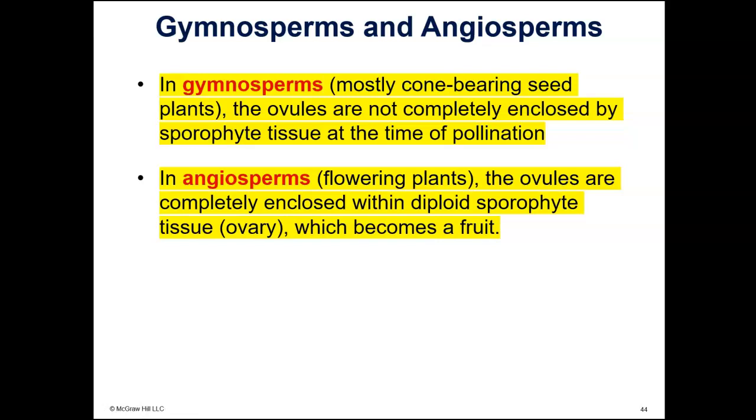But angiosperms are the flowering plants, and that term means covered seed, in which the ovules are completely enclosed within the diploid sporophyte tissue called the ovary, which once it ripens becomes a fruit. So when you eat fruit like an apple, you are eating a ripened ovary.